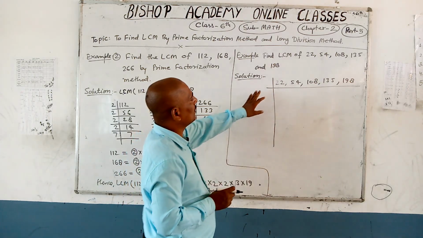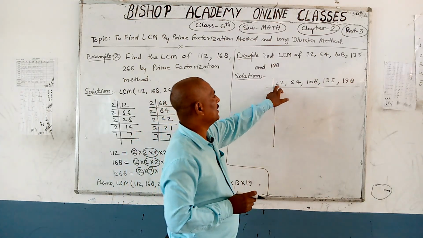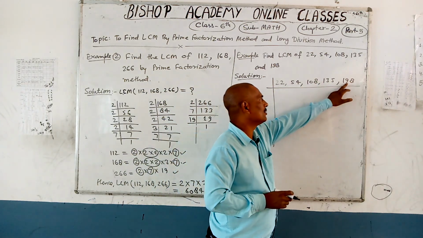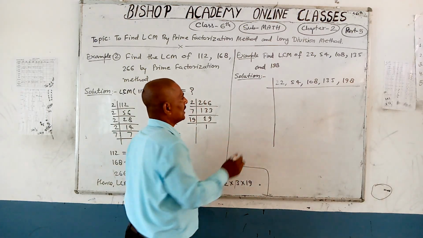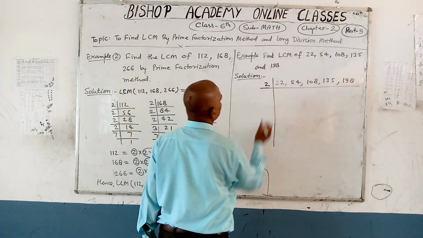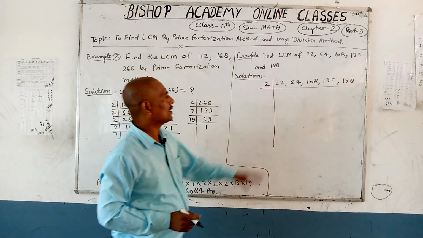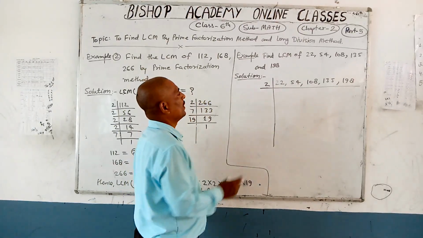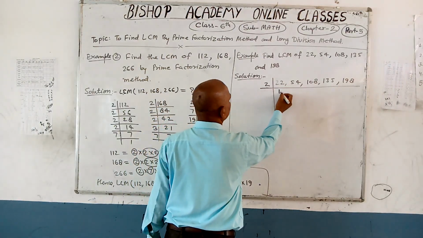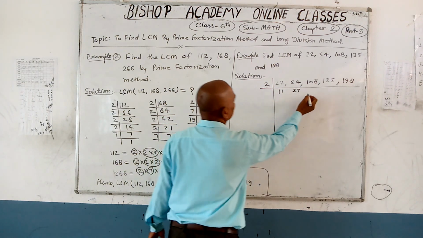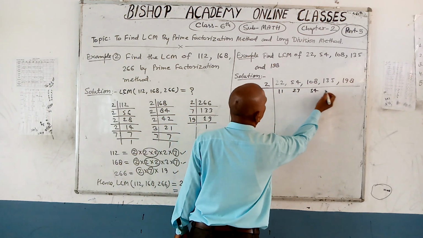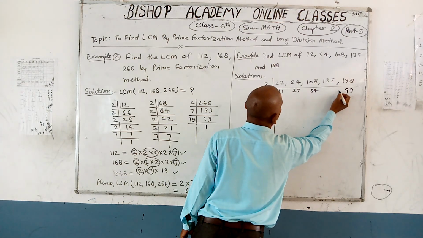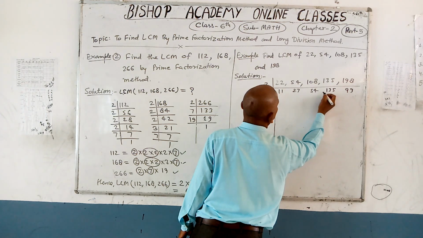You can see this is divisible by 2, this is divisible by 2, this is also divisible by 2. So you can take 2, the smallest prime number. Divide 22 by 2, you get 11 here, here 27 and here 54, 9, 18, 99, take down 135.